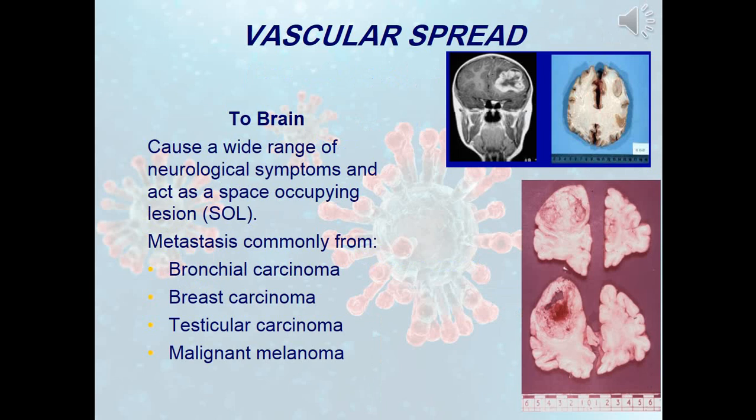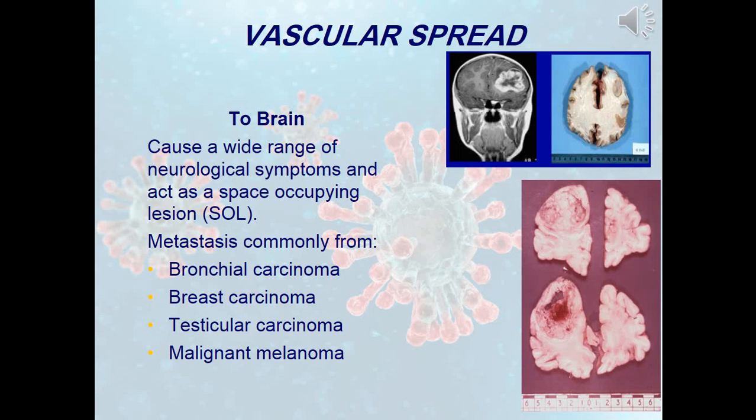Metastasis to brain commonly goes to the part of the brain in the cerebral hemispheres, as you can see in this gross picture. As the metastatic brain tumors grow, they create pressure and change the function of the surrounding brain tissue, and therefore the patients usually present with signs and symptoms related to loss of the function of the brain tissue.